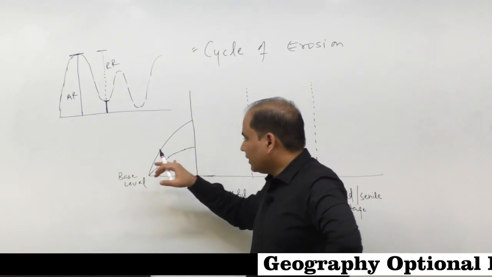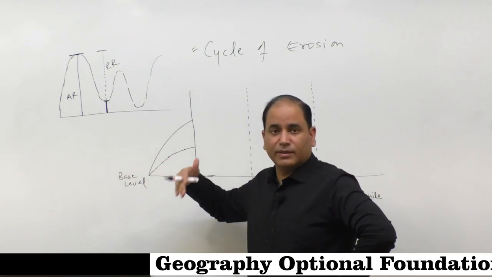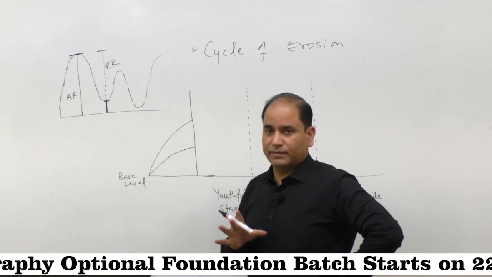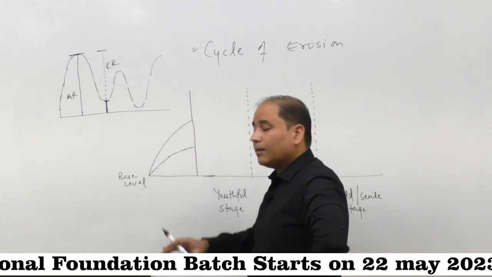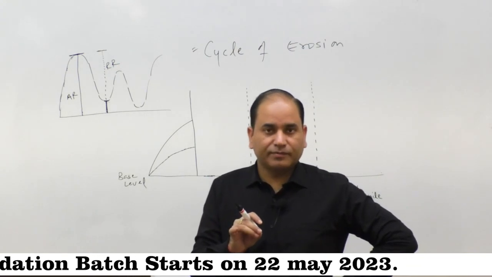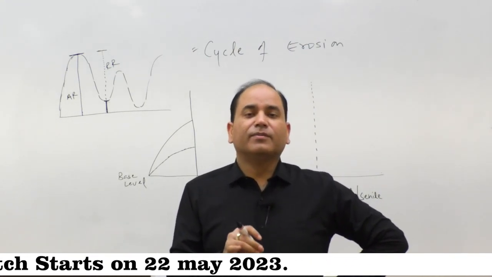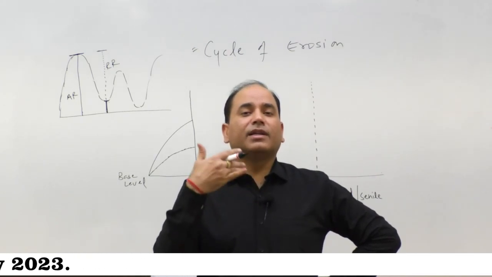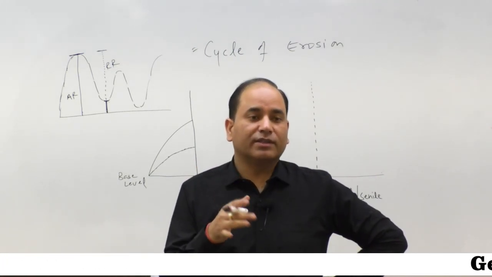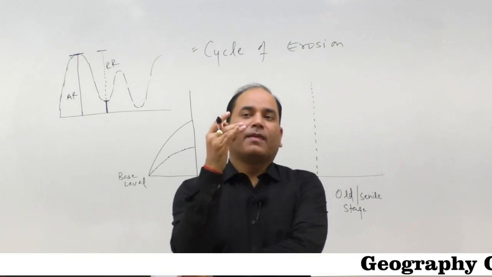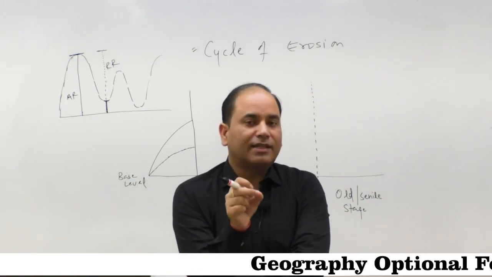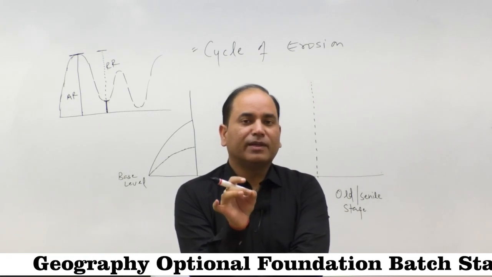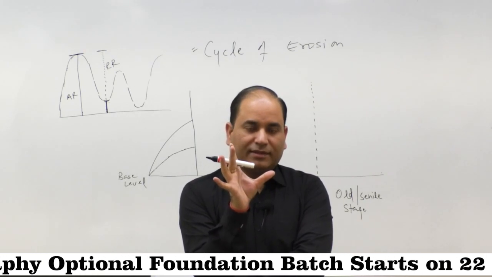Davis is saying that once the upliftment ceases, then landform development starts through the exogenic process. Or you can say the cycle will start once the rapid and sudden upliftment ceases.